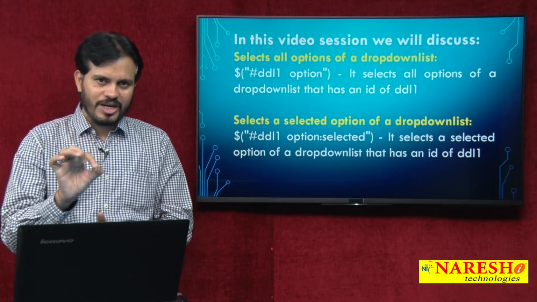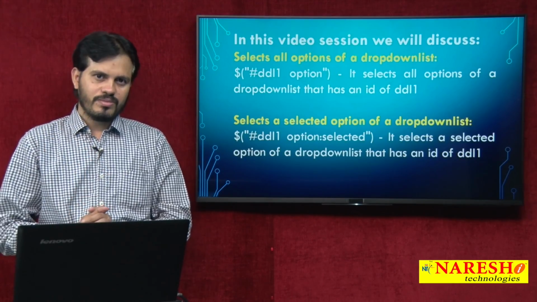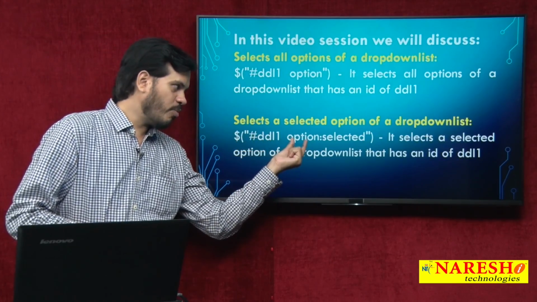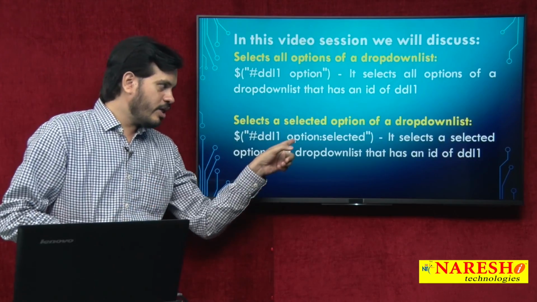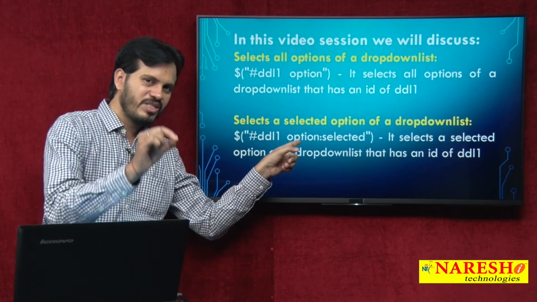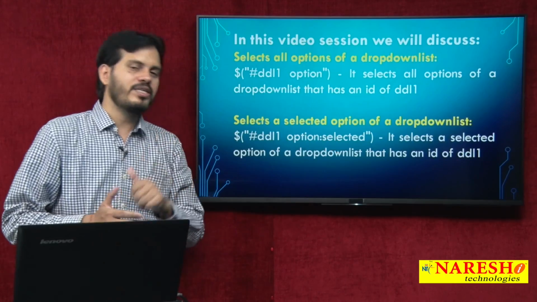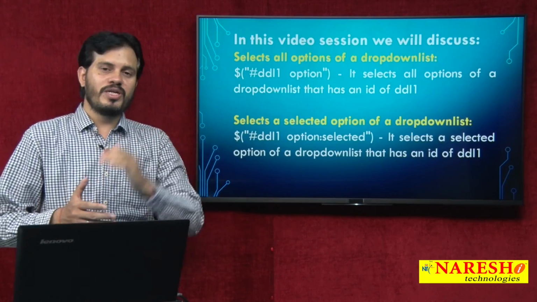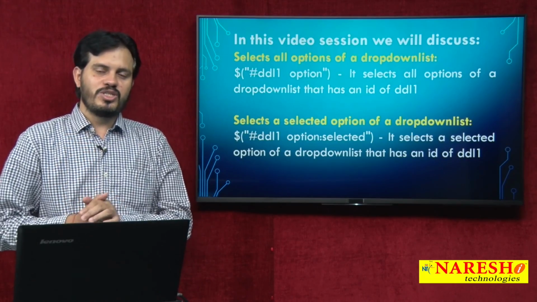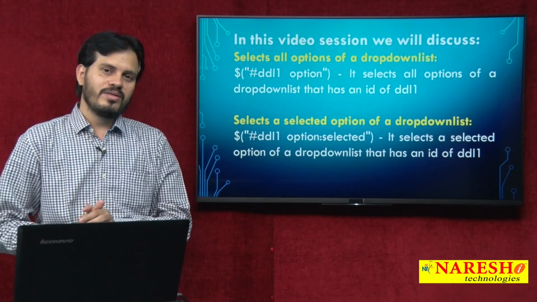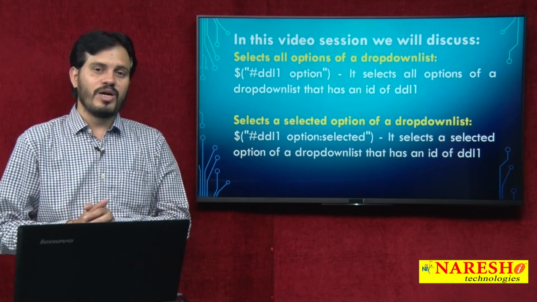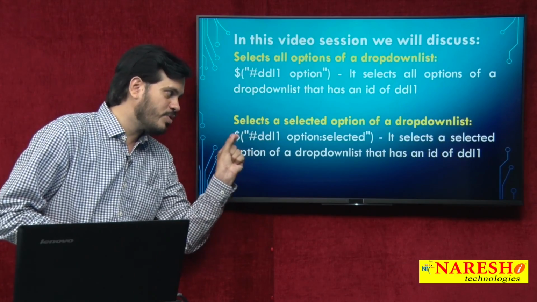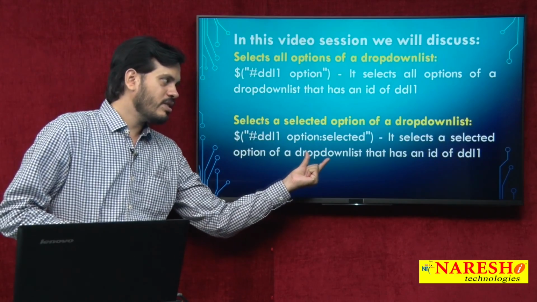Whichever option is selected, we want to fetch it. Then we write $("#DDL1 option:selected"), meaning all the options, and among those only the option which is selected. Like earlier we discussed in checkbox and radio button, where we use :checked to get the checked option, in a similar fashion here we use :selected.